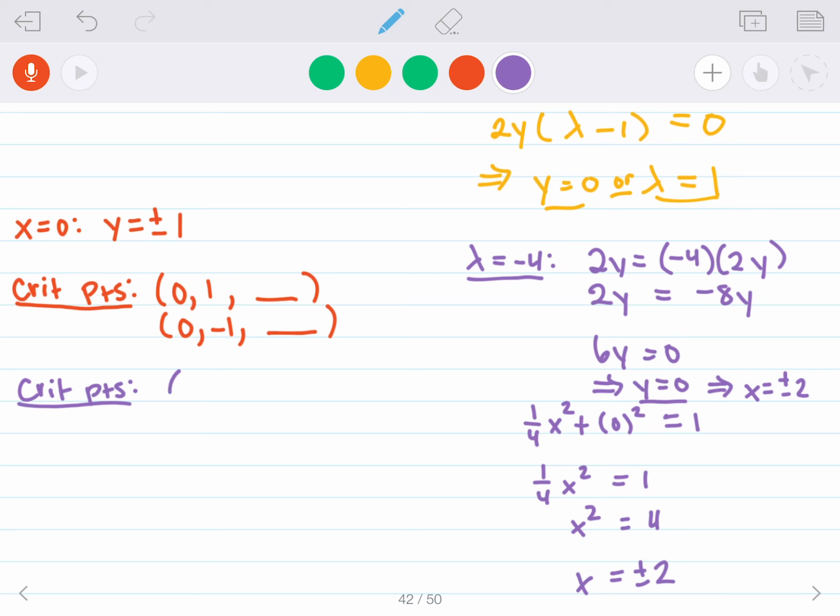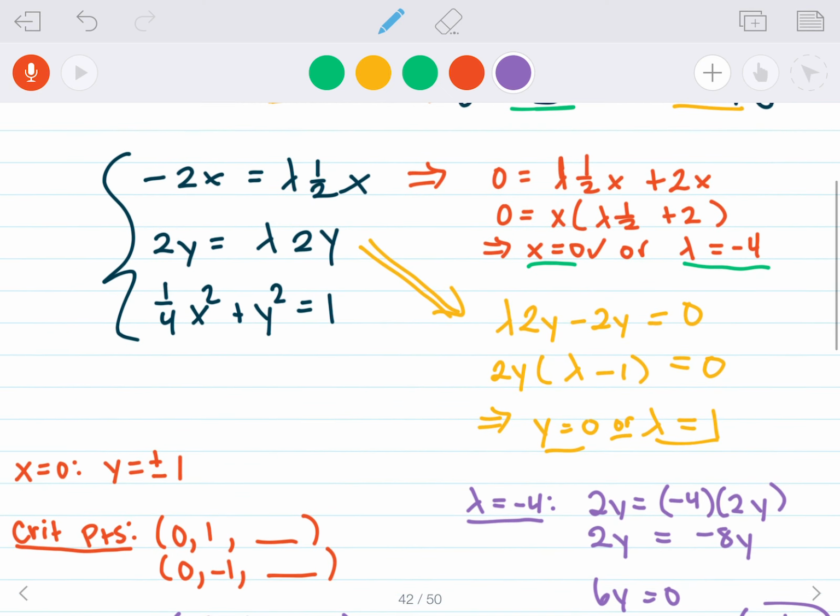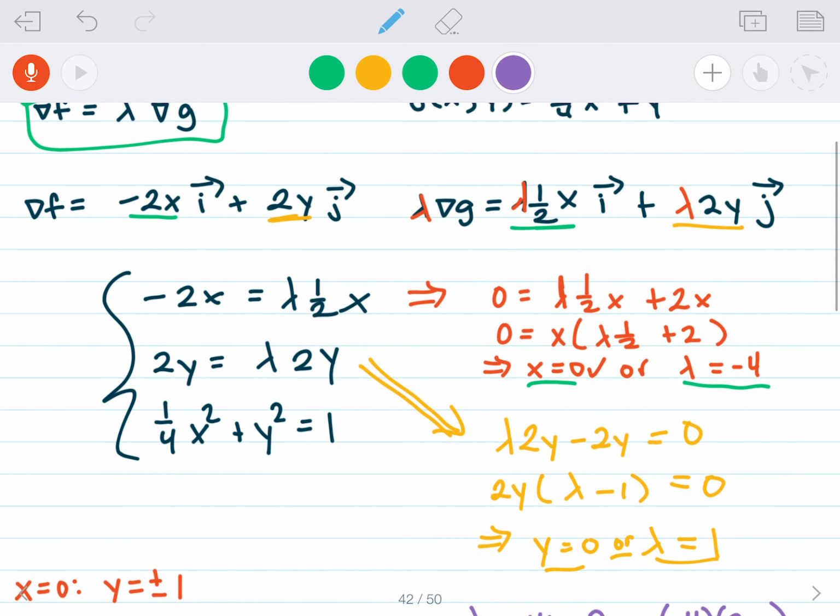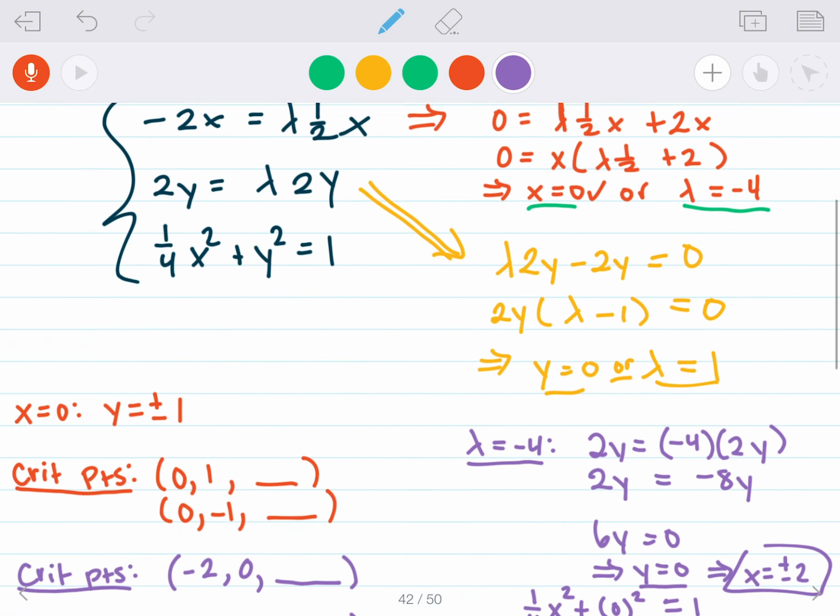So when y was 0, x was plus or minus 2. So we have minus 2, 0, some z value. And then we have positive 2, 0, some z value. So that's another critical point there. So that was the case when lambda was equal to negative 4.